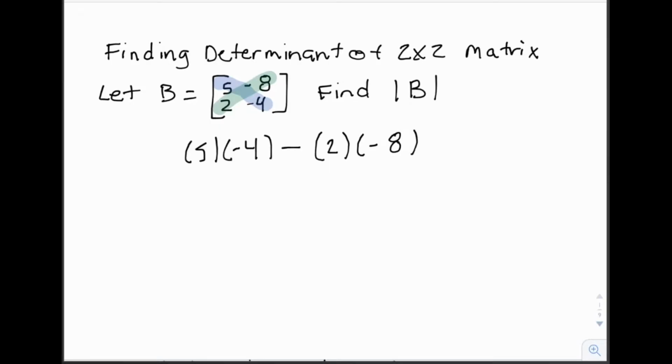So this will get us -20, and we have a negative times a negative, so plus 16. That's going to be equal to -4, and this -4 should be our determinant of B. So we should be good to go there.